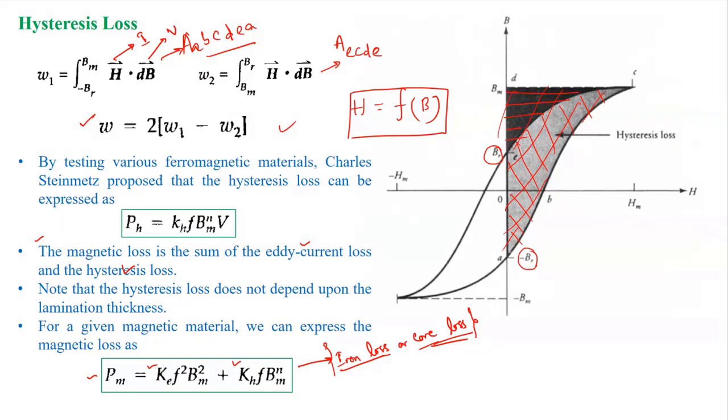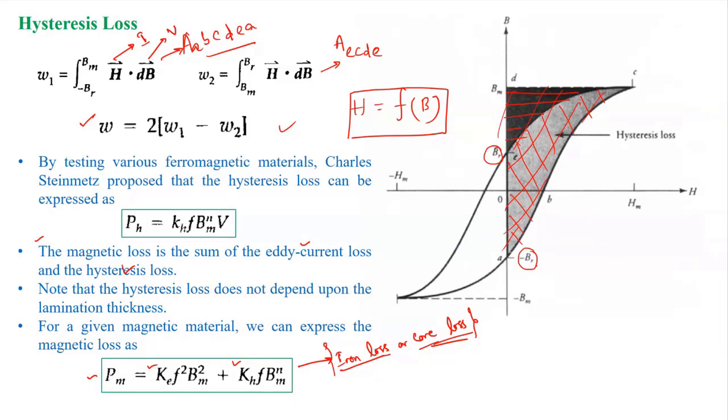Sir, I'm still not getting how the area is the loss. I understand there will be a flux inside that solid core on which we are looping over, and I get each and everything about that. But how is this area showing us the loss? That is what I told you, only analytically can we understand. There is no such derivation.